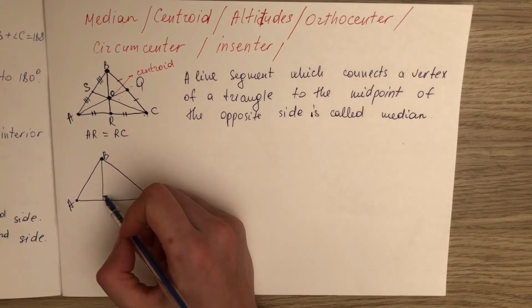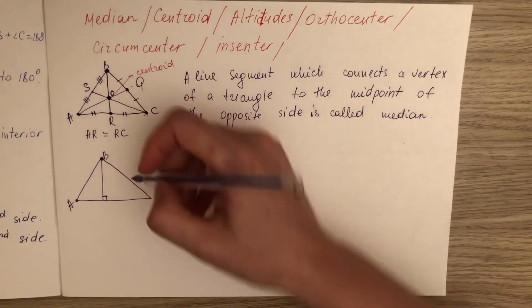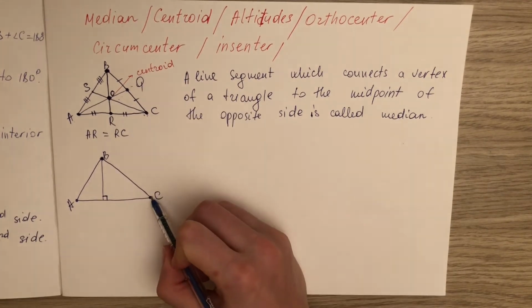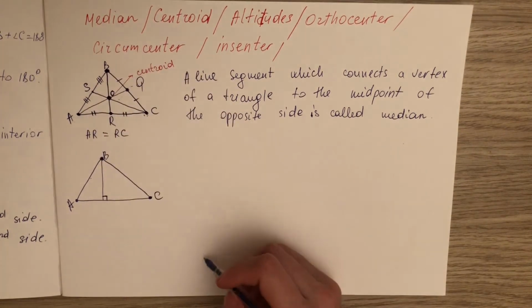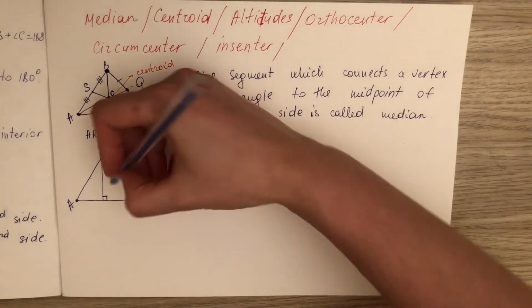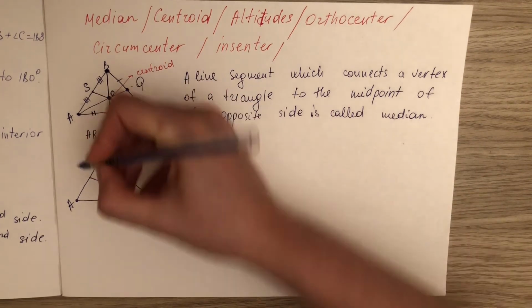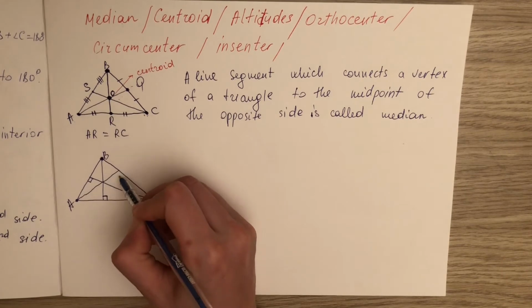And as you see, we can join this vertex with the opposite side. Also, we can make another perpendicular here, okay, and also here.